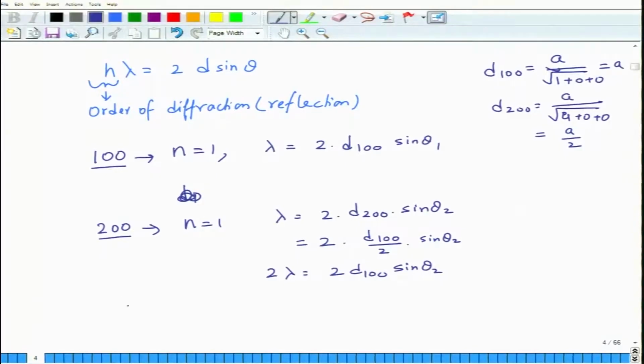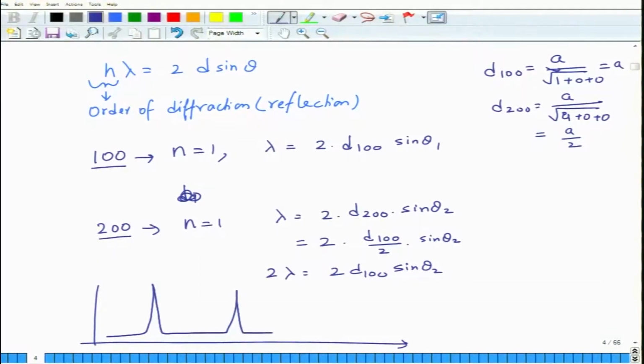So, when you have these diffraction peaks, you will have diffraction peaks in modern machines like these, so on and so forth. This is intensity, this is 2 theta. So, let us say if this is 100, I am not drawing other peaks, this will be 200, this is 300, this is 400.